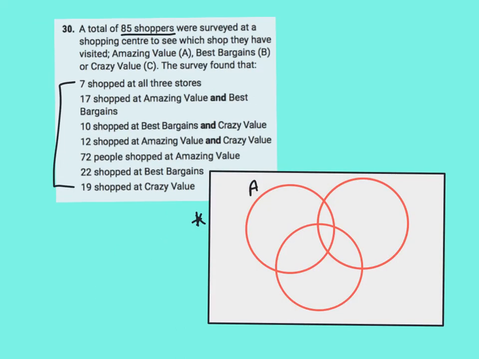A is for amazing value, B for best bargains, and C for crazy value. Now, this is stuff that we had done before Christmas, so I'm pretty happy that you should be able to go ahead and fill this in.